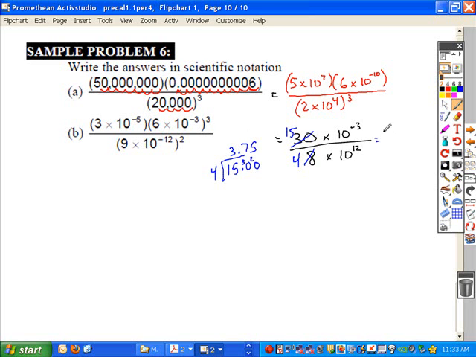So you get 3.75 times 10 to the, and when you divide two numbers with the same base, what do you do with their powers? Subtract. What's negative 3 minus 12? Negative 15. And so here is your solution.